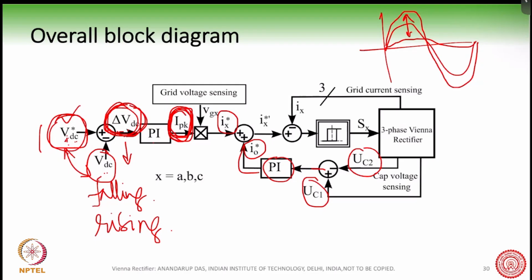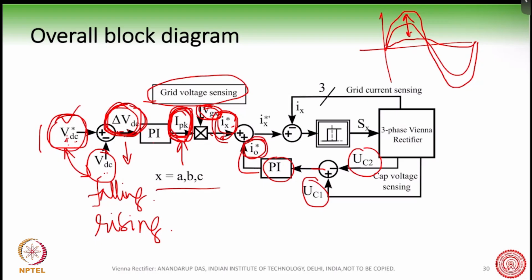And what is the shape of this current? We need a sinusoidal shape of current in phase with the voltage. So we will sense the grid voltage here and get the template of the grid voltage VGX, where X equals A, B, C, and multiply with it. So I will get a sinusoidal reference of this current.